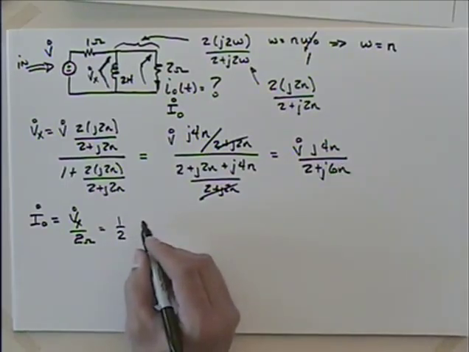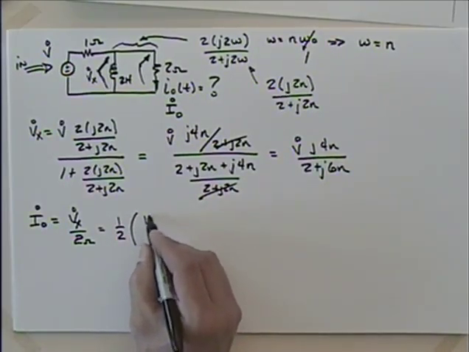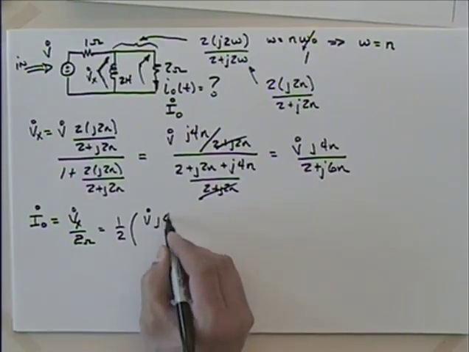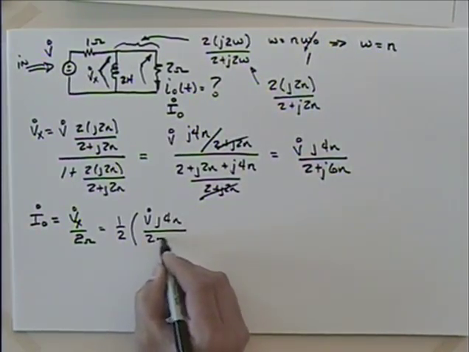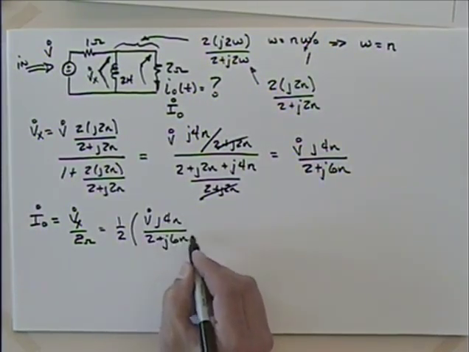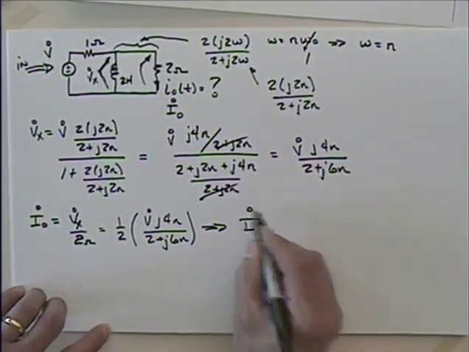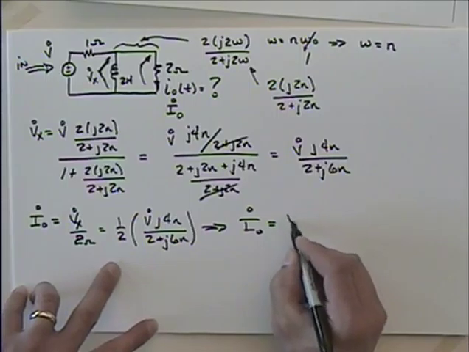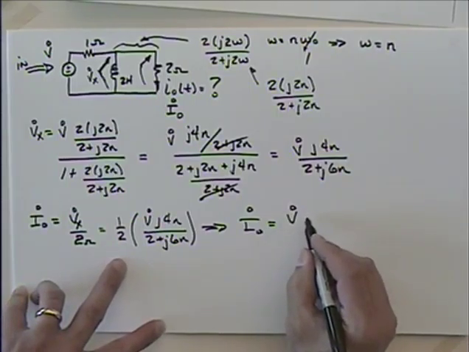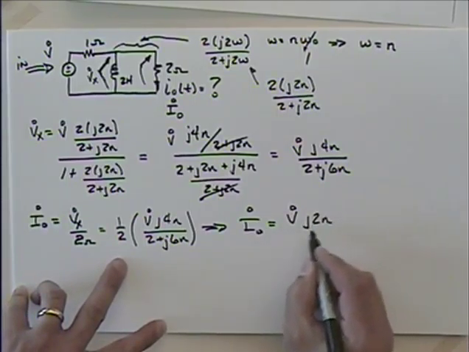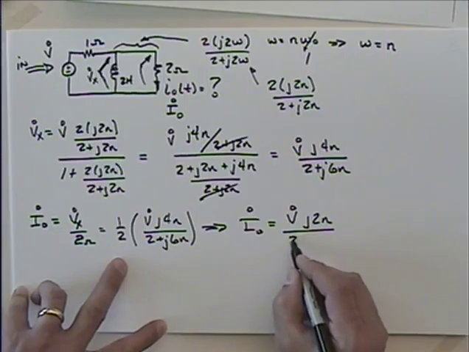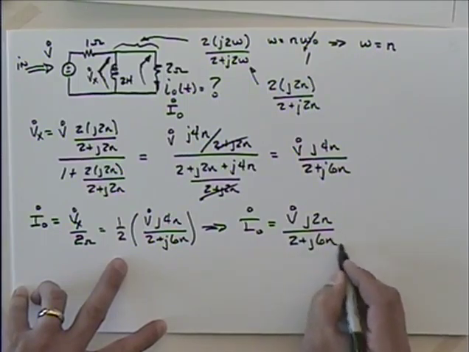I've got Vx, so I'll multiply this V times j4n divided by 2 plus j6n, and we come up then with I naught being equal to V, the input voltage, times j2n divided by 2 plus j6n.